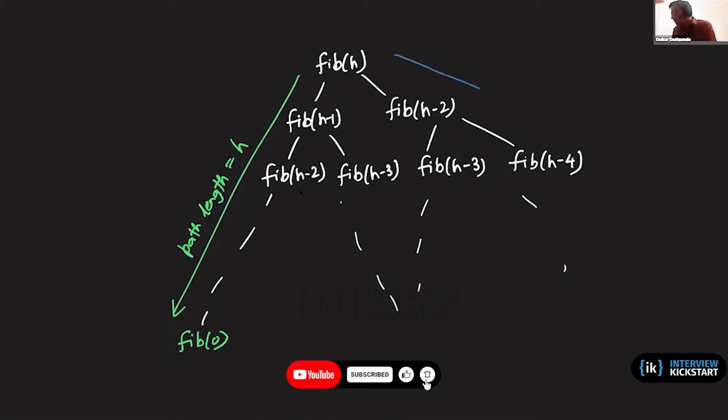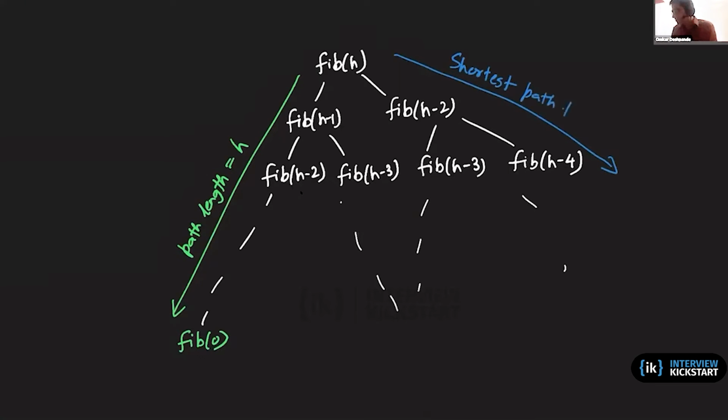This path is going to be the shortest path. Shortest path to any leaf. Because here the argument of the fib function reduces by 2 in each step. So the length here is going to be h by 2.